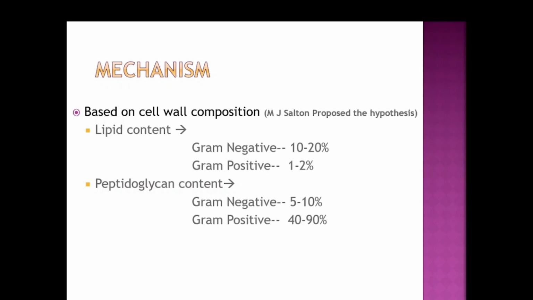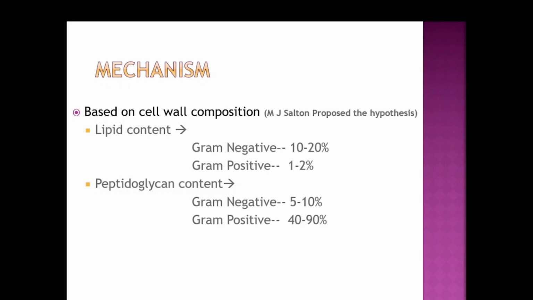Likewise, due to the lower peptidoglycan content, there is less shrinkage of the peptidoglycan pores. Ultimately, on decolorization treatment, the gram negative bacteria have increased porosity, which is responsible for washing out of the primary stain crystal violet.